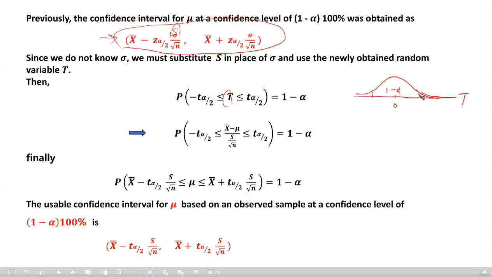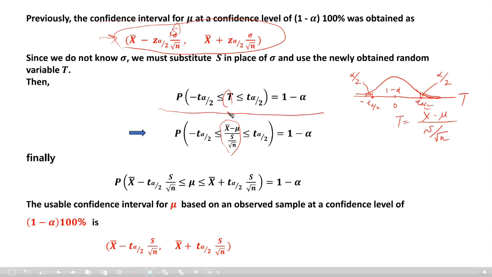Now 1 minus alpha in the center, and alpha over 2 at each tail. Then the center is 1 minus alpha, right? Then t is x bar minus mu divided by s over square root n. Here, like this, this value is t alpha over 2. Then by symmetry, this value is minus t alpha over 2. So we got this relationship.